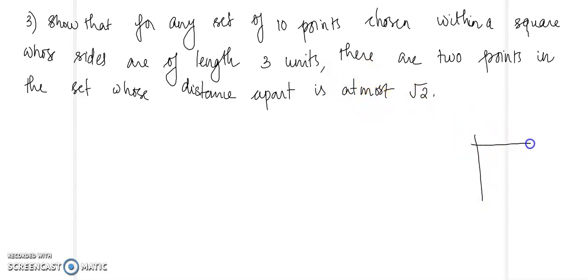So you have a square of side 3, and you are choosing 10 points in the square. Now we need to show that there are 2 points such that their distance is at most root 2. That is what we need to prove.